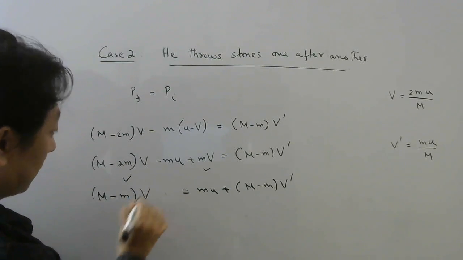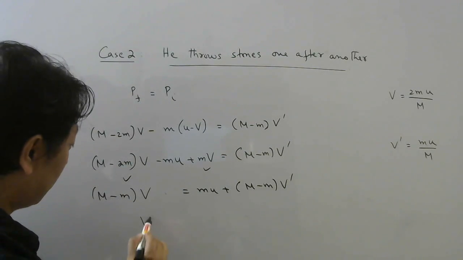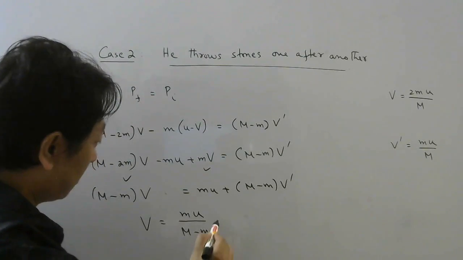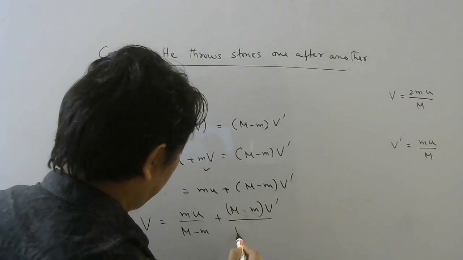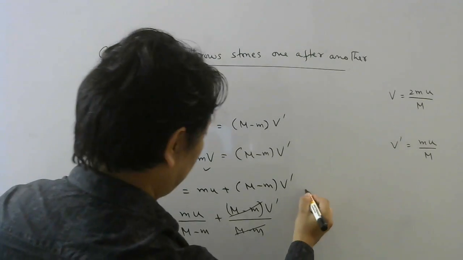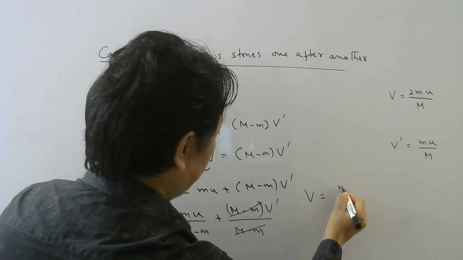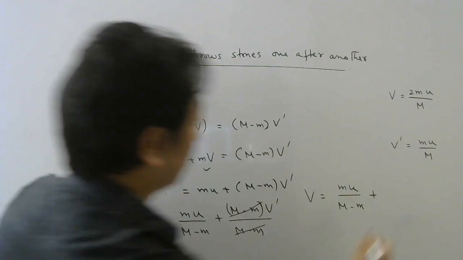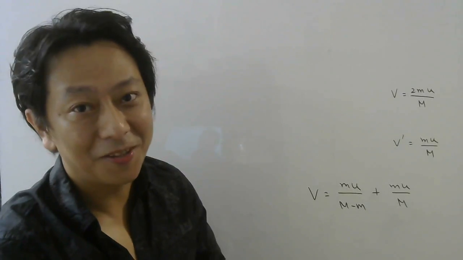So to find capital V, what I do now, divide by M minus m. So V will be mu by (M minus m) plus (M minus m) v dash by (M minus m). So these two will cancel. And v dash, let us substitute. What was v dash? mu by capital M, right? So it will be mu by (M minus m) plus mu by capital M.